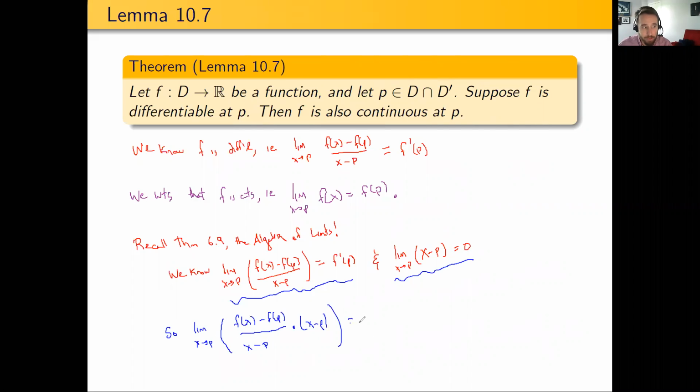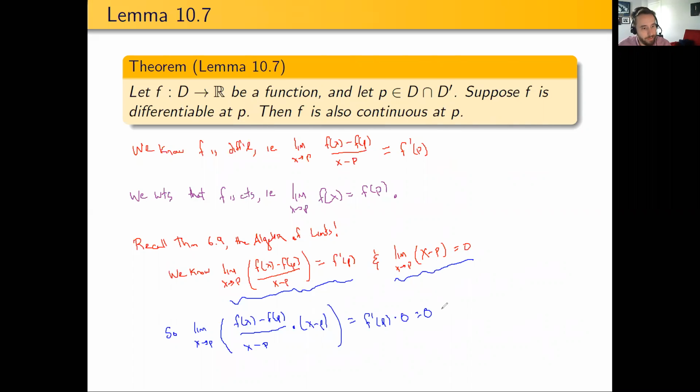By the algebra of limits, the limit of this thing times this thing will equal the limit of the first piece times the limit of the second piece. So this should just become f prime of p times 0, which is equal to 0.